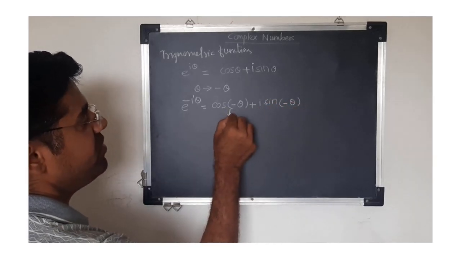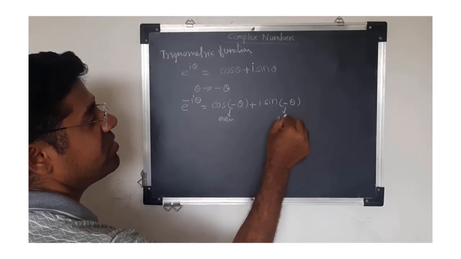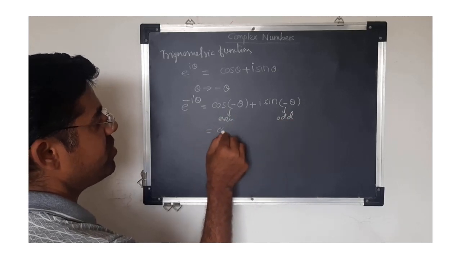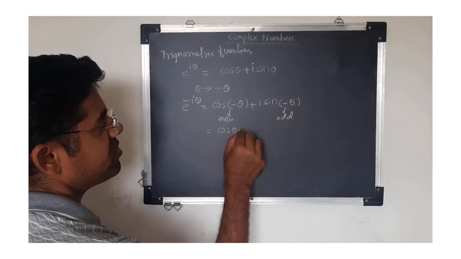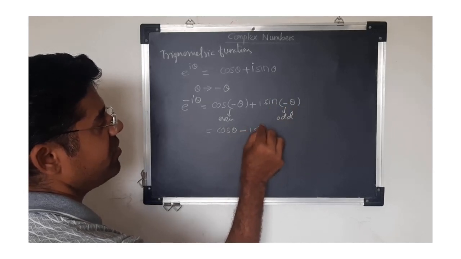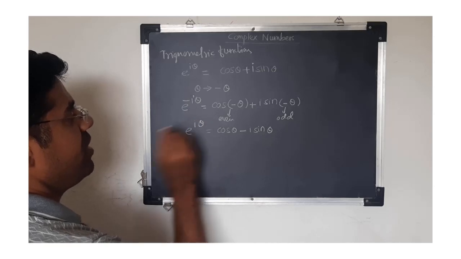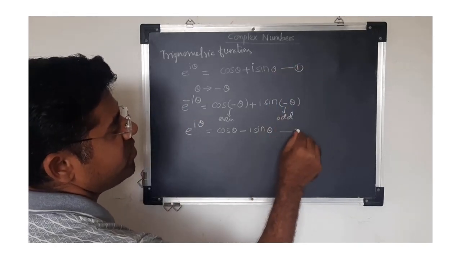Now this is your even function, this is your odd function. So what can we write? Cos of minus theta is nothing but cos of theta, and sin of minus theta is minus sin theta. So e raised to minus i theta is cos theta minus i times sin theta. So this is my equation 1, this is my equation 2.